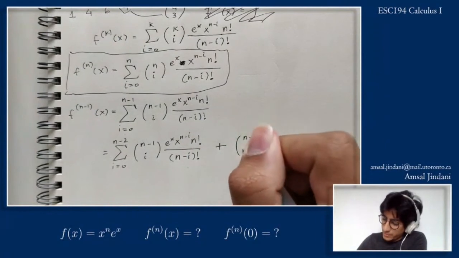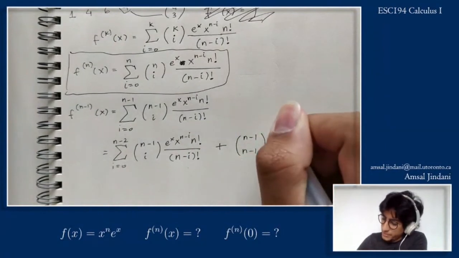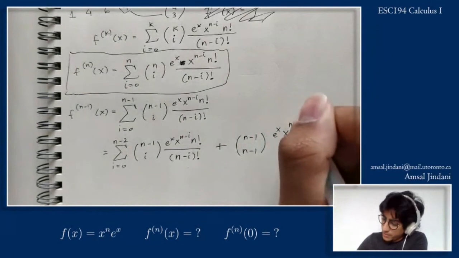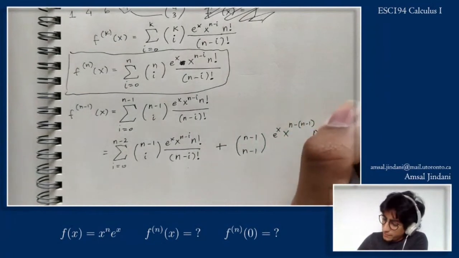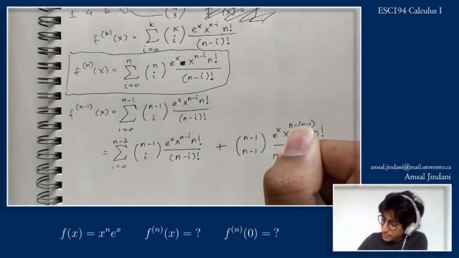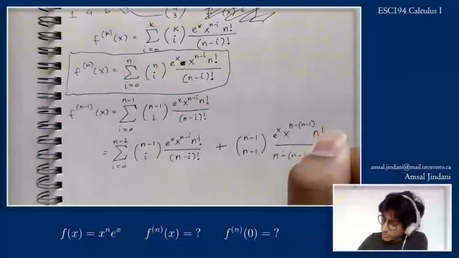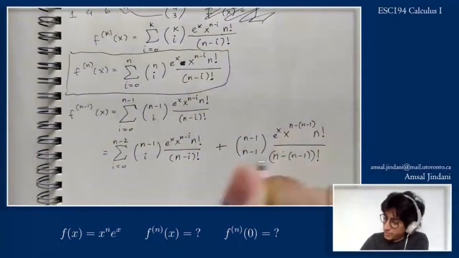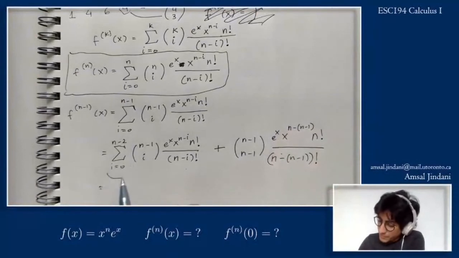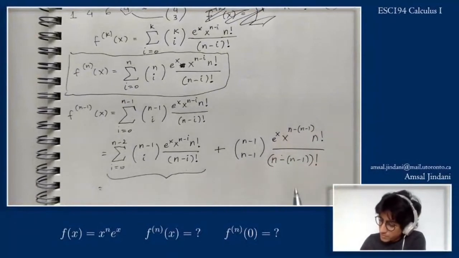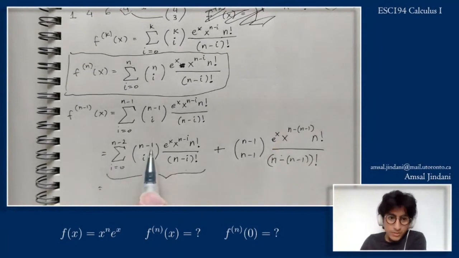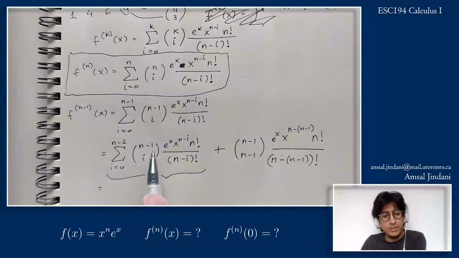It's n minus 1 choose n minus 1, e to the x, x to the n minus n minus 1, n factorial divided by n minus n minus 1 factorial. Should the top be n minus 2 choose i, since we're in the summation up to n minus 2? No, it should not be, because we're still choosing from n minus 1 things here. Oh, okay, yeah, that makes sense.